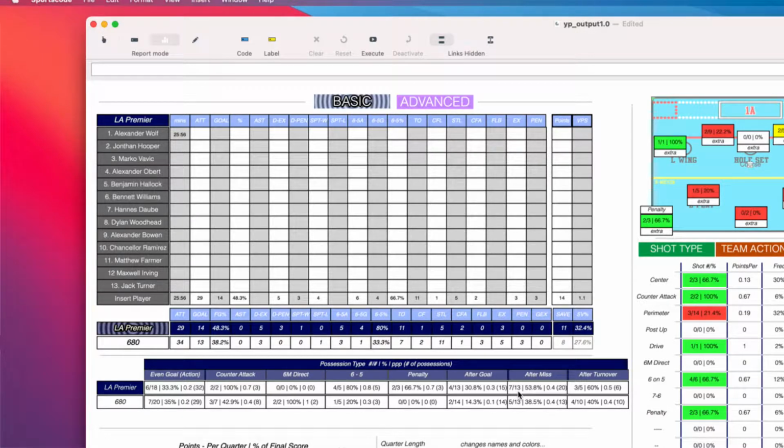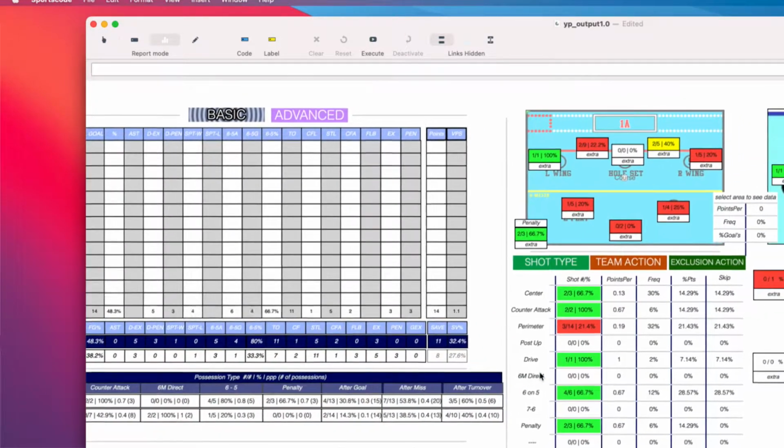LA Premier after 680 missed was 53% shooting, so really good. They had 20 attempts, so lots of these after-miss attempts, and then after turnovers also. That's how it coordinates out. After a miss, they drew an exclusion and a penalty, really opportunistic, and got the win through there.